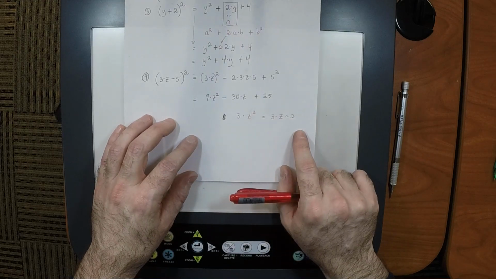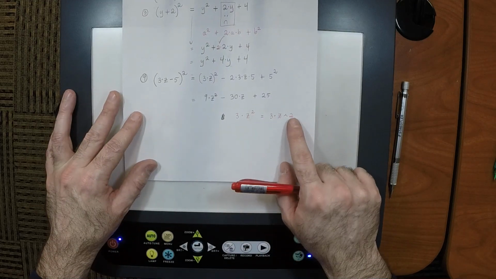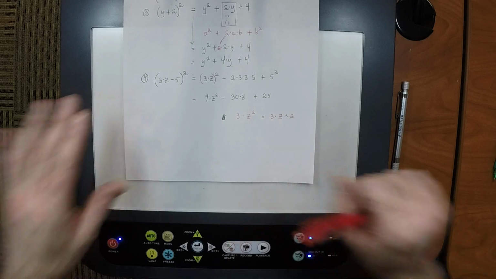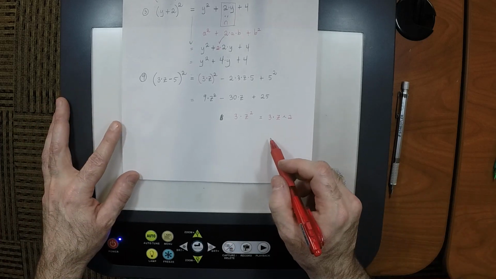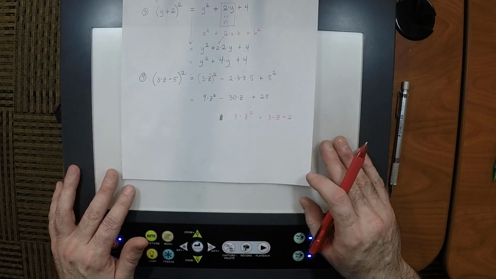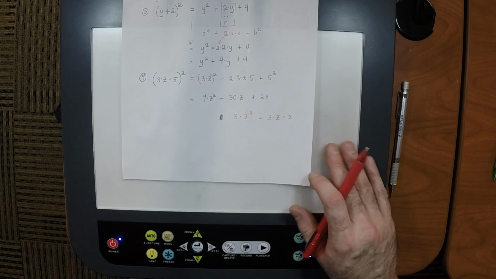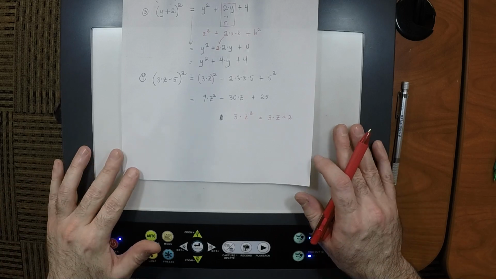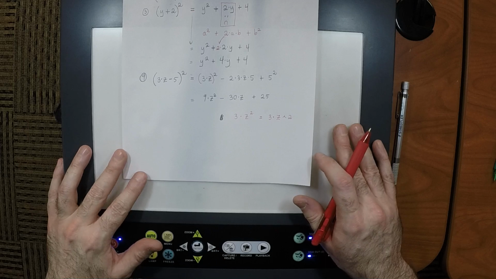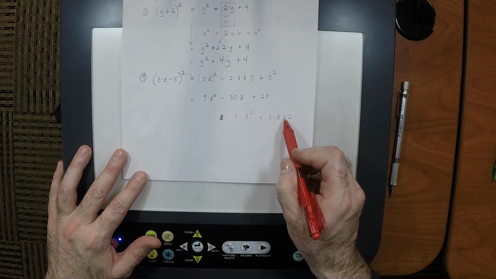Like that, right? So what I'm saying is that that squaring only applies to the z. Why does it only apply to the z and not the 3? I'm fishing for a phrase that starts with O. Which one? The order of operations, right? The order of operations. That exponent applies first.